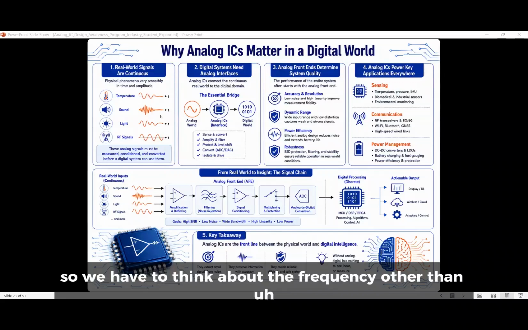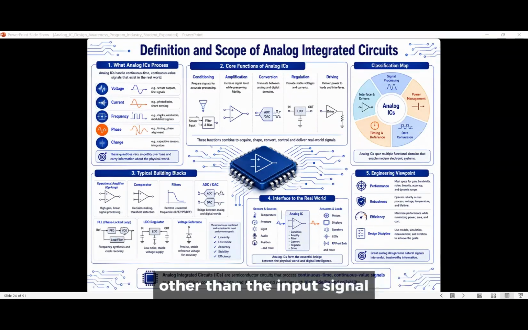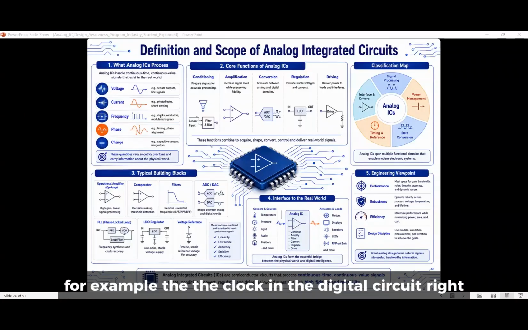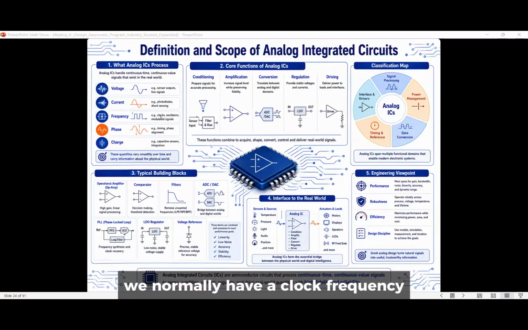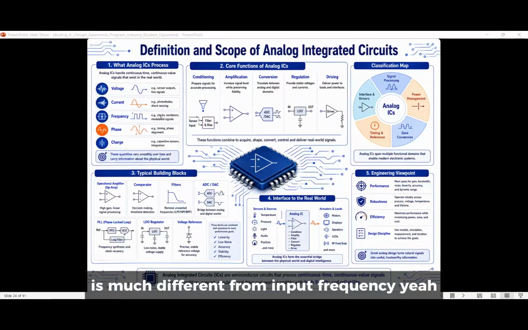So we have to think about frequencies other than the input signal. We have to be concerned about frequencies from other building blocks of our chip, for example the clock in the digital circuit, right? When we talk about an AI chip or microprocessor, we normally have a clock frequency. The clock frequency is much different from the input frequency.